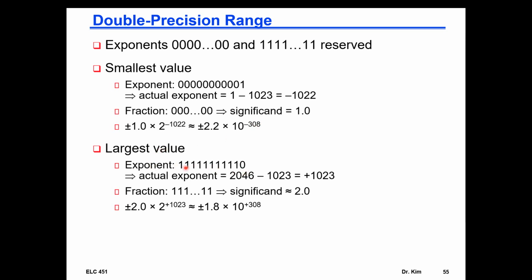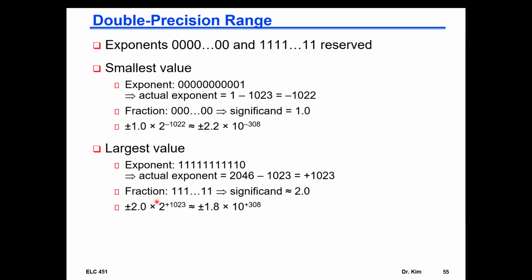And same thing for the largest value, when the exponent is all ones except the least significant bit. That is 2046 minus the bias, that's 1023. And then the fraction also is all ones, which is again almost 2.